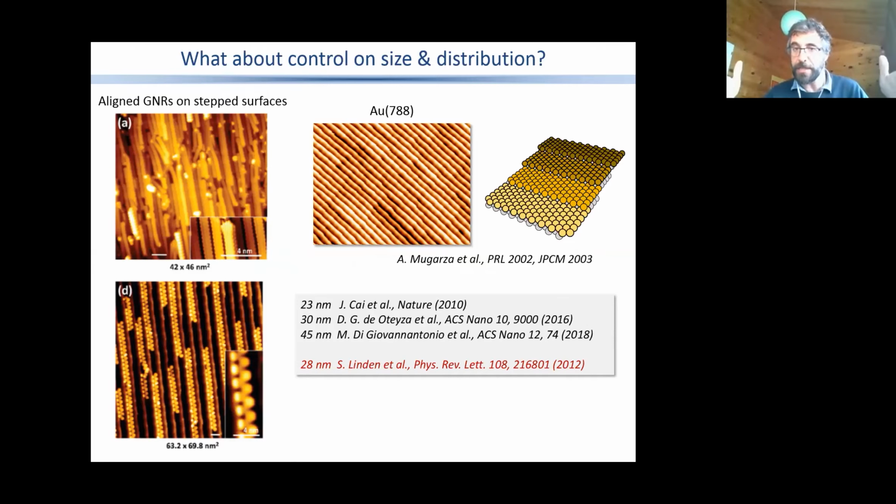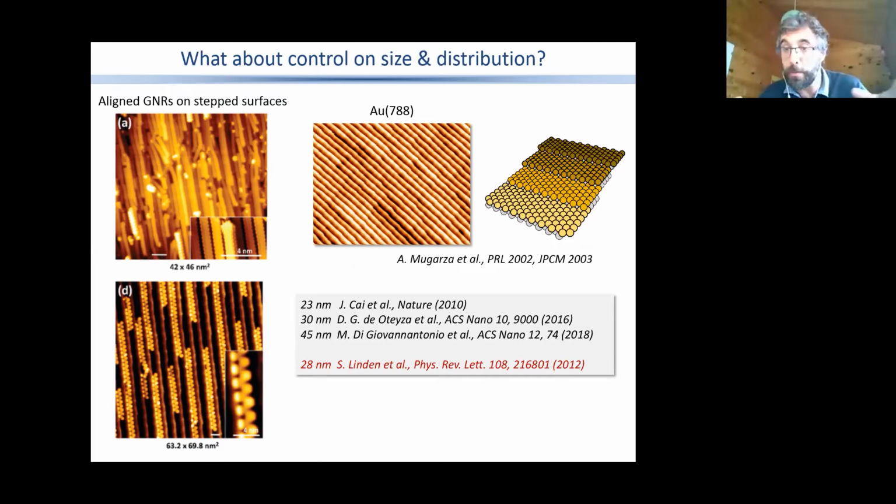You can have a single crystal made of these steps, and you can have millimeters of a sample with all the ribbons aligned in one direction, but you cannot increase the length with this, because you are limiting everything to these terraces, diffusion included. And you need the molecules to diffuse in order to incorporate into the structures. So this is a problem. These templates are good for alignment, but they are not good for increasing the length.